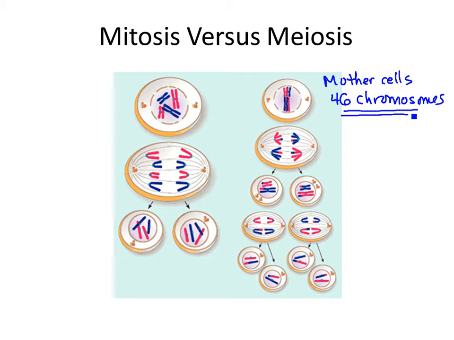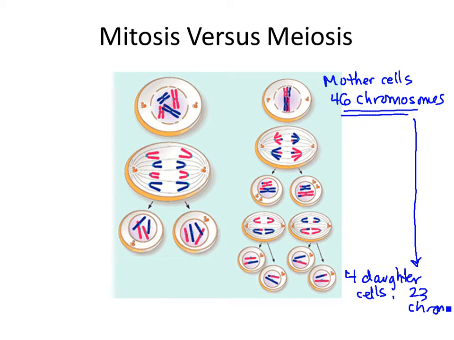And you're going to end up with, there's 2 phases, but at the very end of the process, you're going to end up with 4 daughter cells, each of which has 23 chromosomes at the end. So this is meiosis over here on this left-hand side of the diagram.